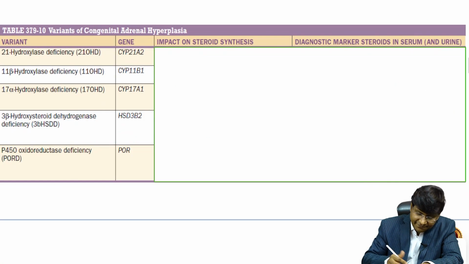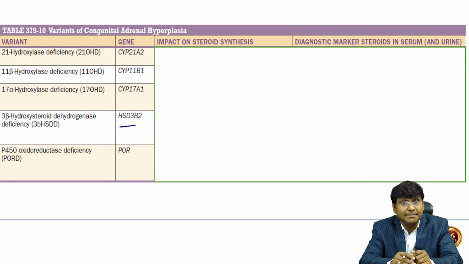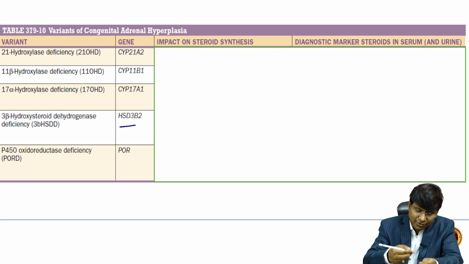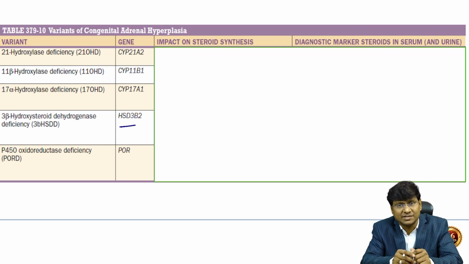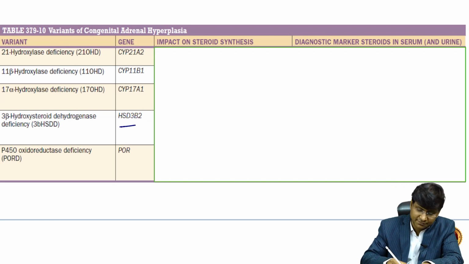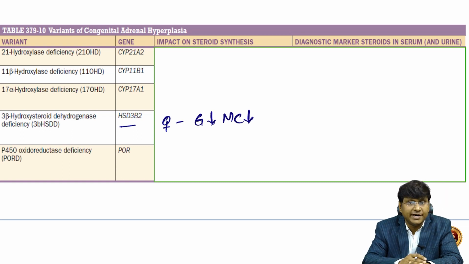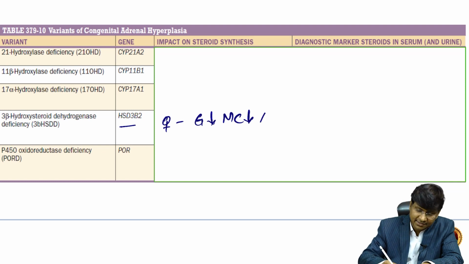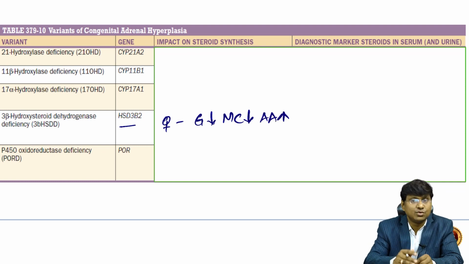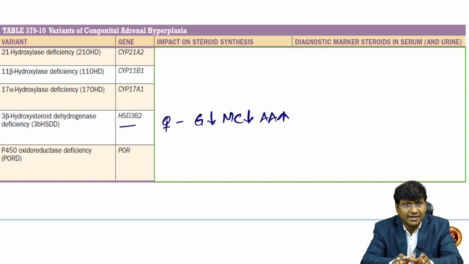Then if there is defect in HSD3β2, in this scenario, you will have similar to that of the 21 alpha hydroxylase deficiency, where in females, if you observe, there will be glucocorticoid deficiency, mineralocorticoid deficiency, and there will be adrenal androgen excess. That is in females, right?